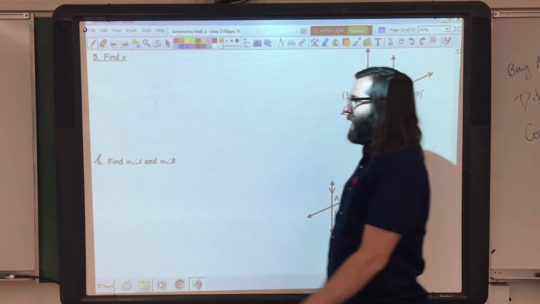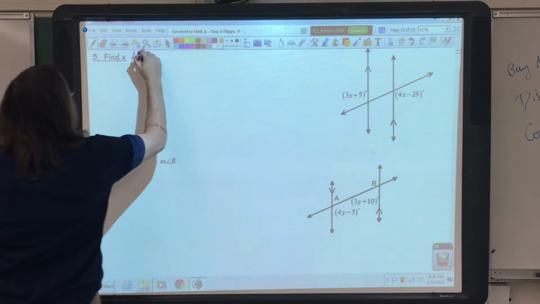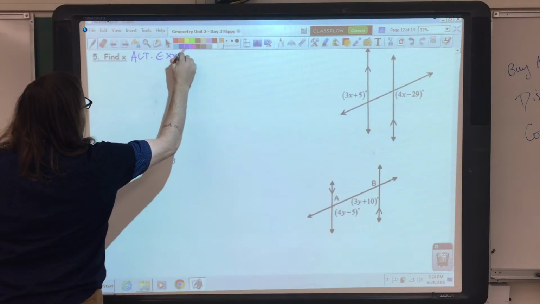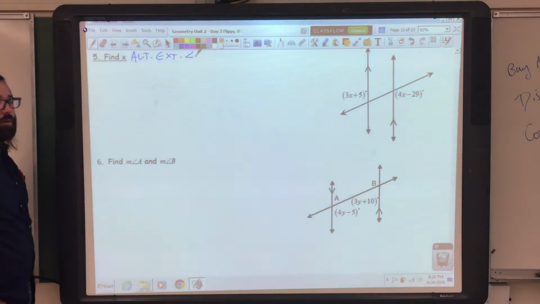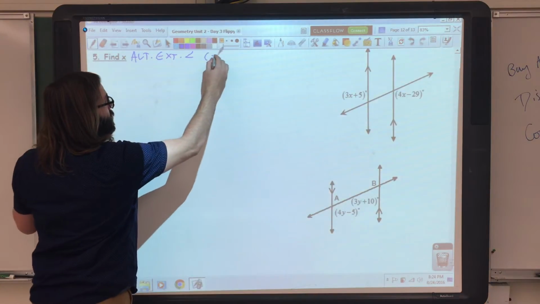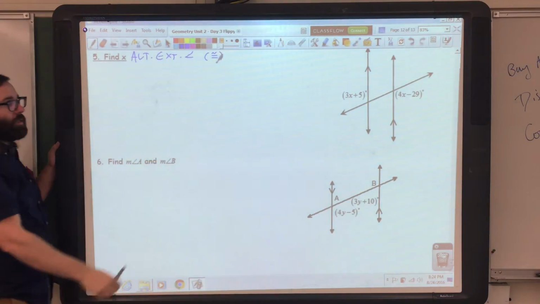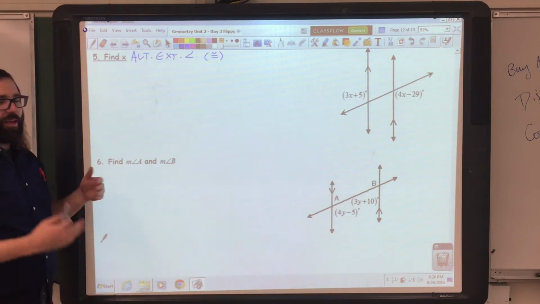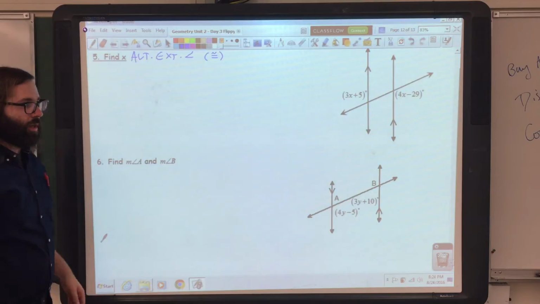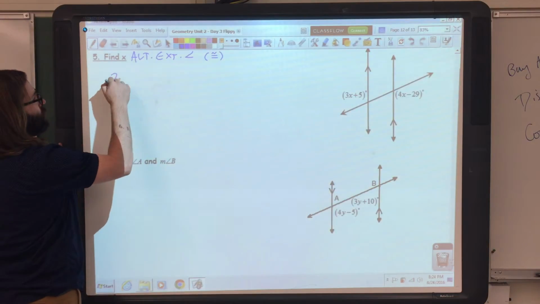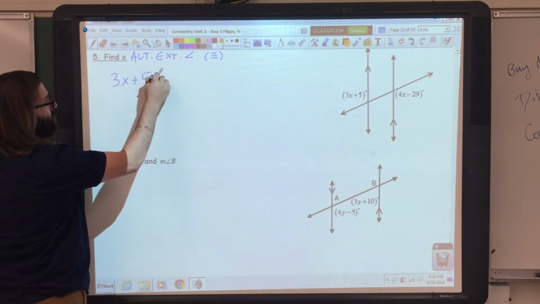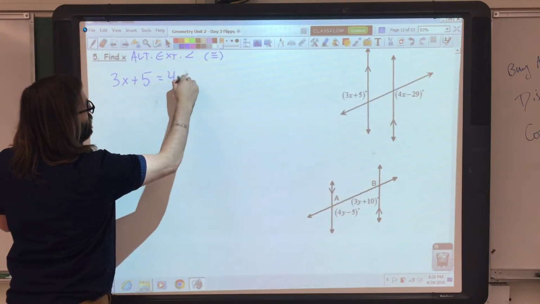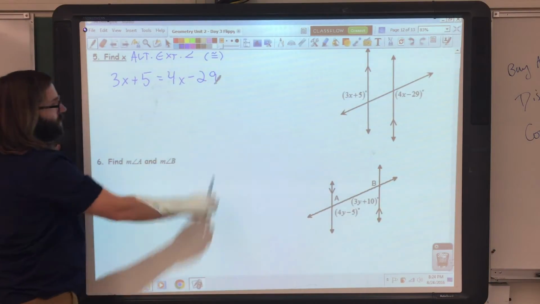So they are alternate exterior angles. Now what we know about those is that they are congruent, which means they have the same measure. We can set them equal to each other. So all you do is 3x plus 5 equals 4x minus 29.